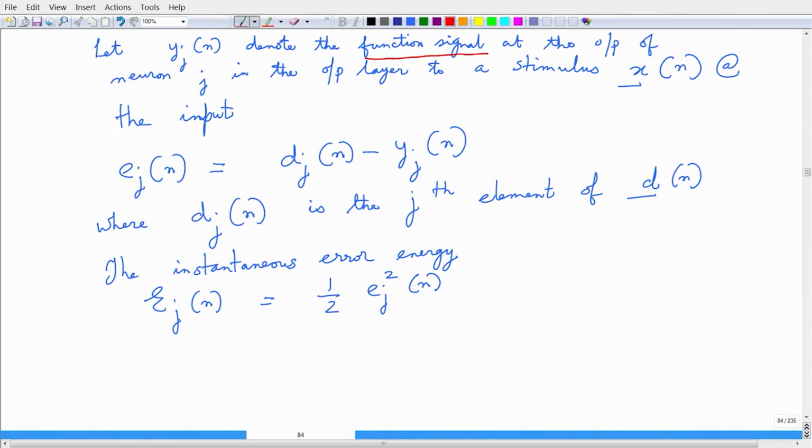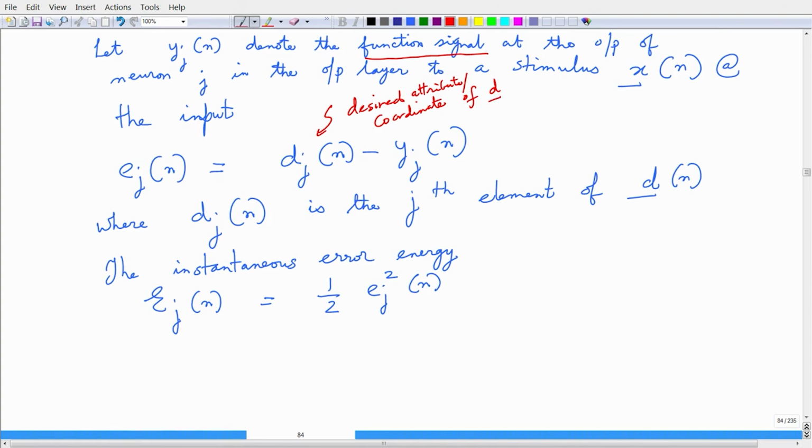So, let us denote y suffix j as the functional signal and d suffix j as the desired response or desired attribute slash coordinate of the vector d, and you know what y suffix j is.